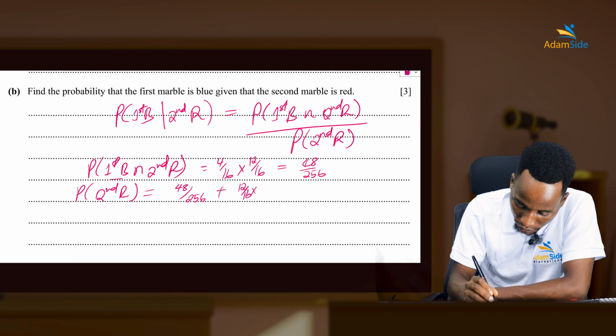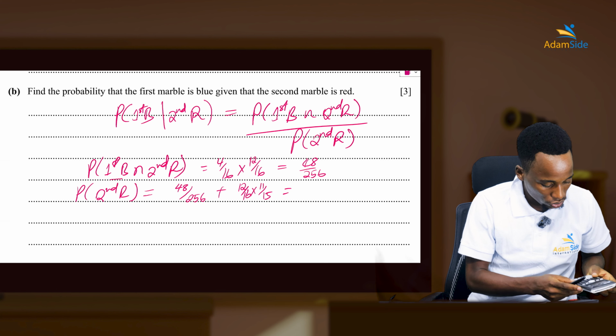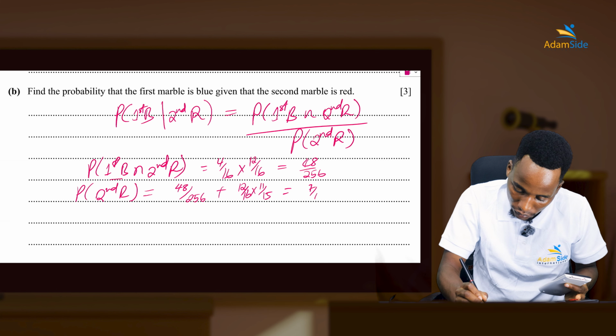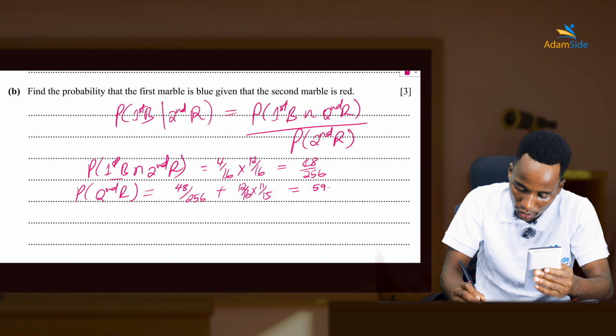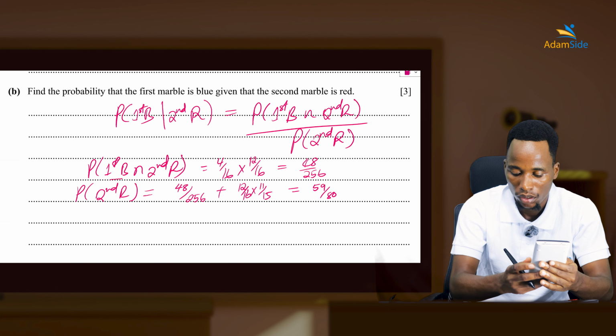Remember, one is taken out, so it's not replaced for red, so it's 11 over 15. So if we keep this also in the calculator, it's 7 over 10. So if you divide them, 59 over 80. So if we divide these two, the answer is going to be 15 over 59. So this is going to be our answer.